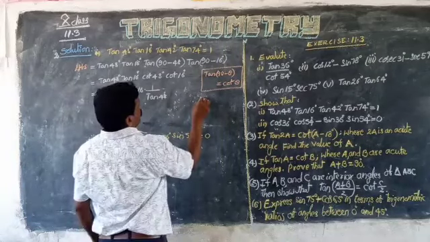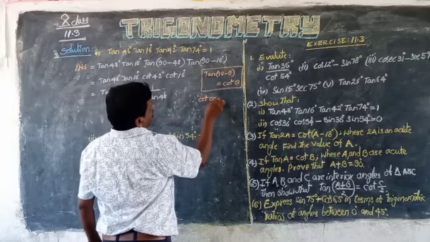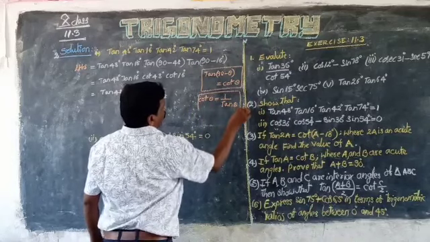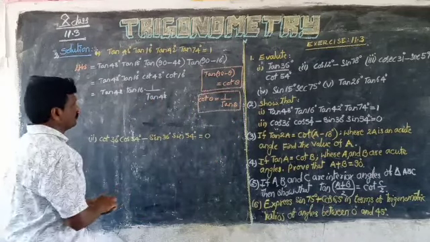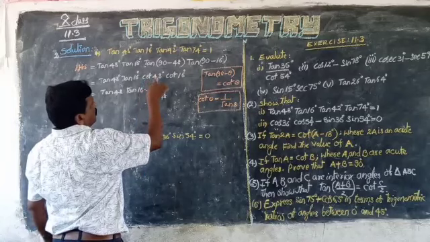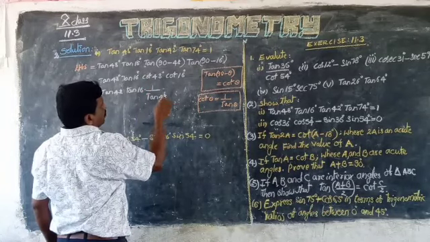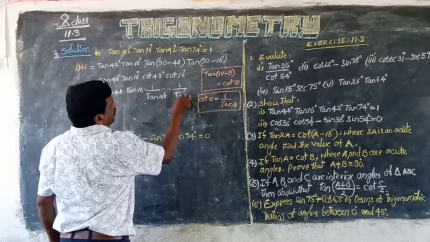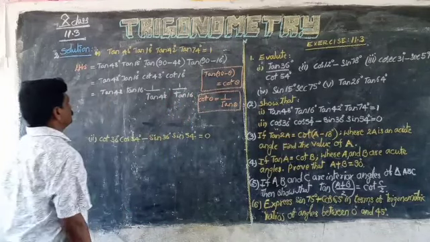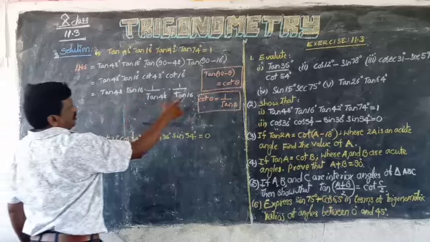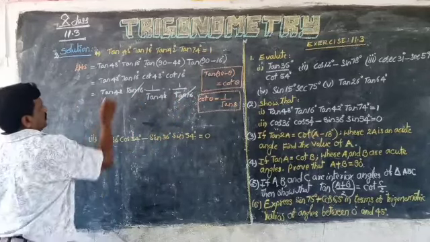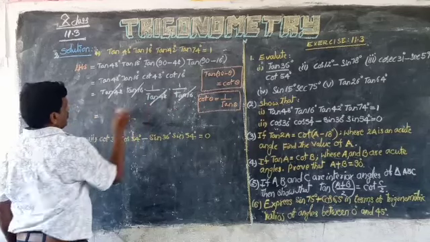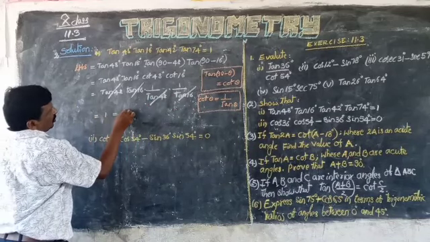Cot theta is equal to 1 by tan theta, we also knew it. Cot 48 is 1 by tan 48, as well as cot 16 is 1 by tan 16. Tan 16 cancels with tan 16, tan 48 cancels with tan 48. So 1 is equal to RHS.